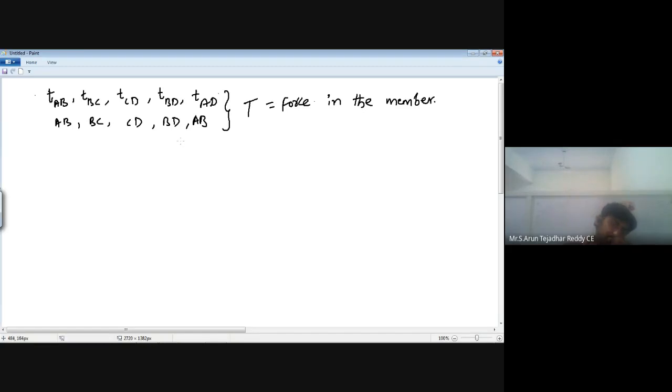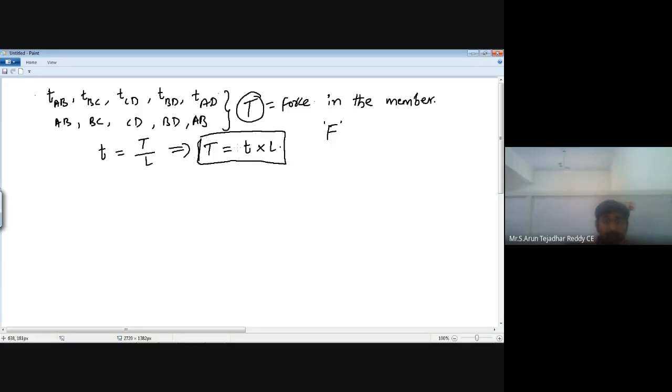In the previous cases, we indicated force in the member as F, but here a small change, capital T. The formula is small t equal to capital T by length of member, then capital T is equal to small t into L.